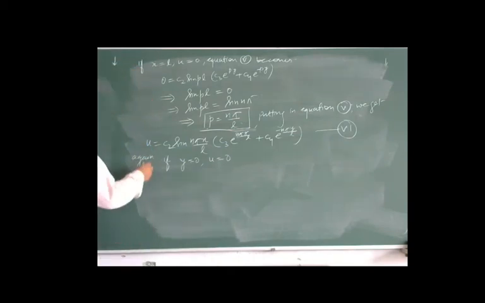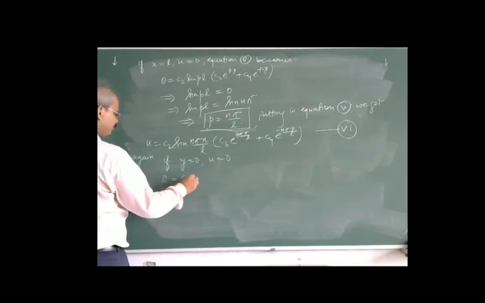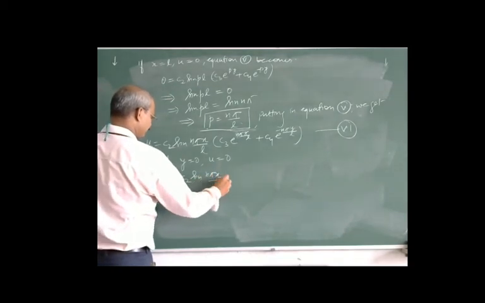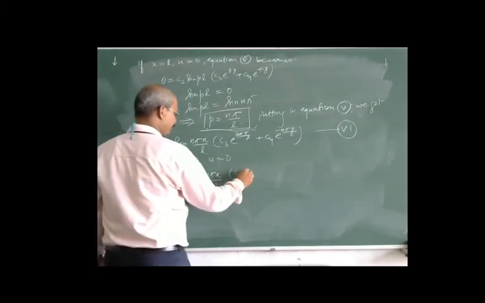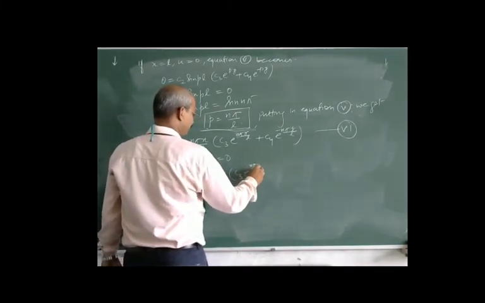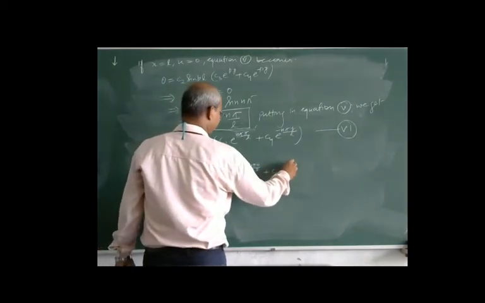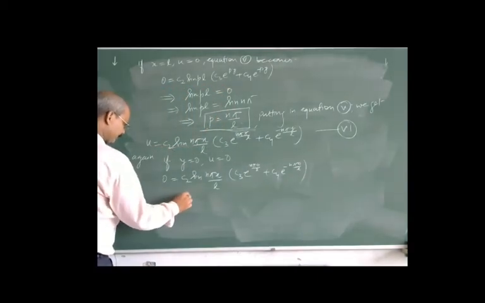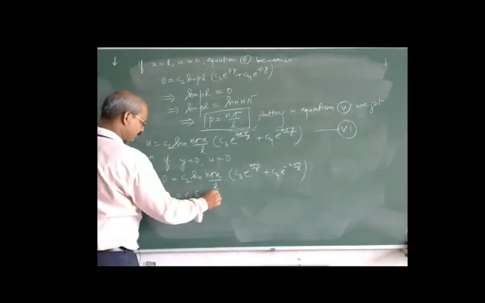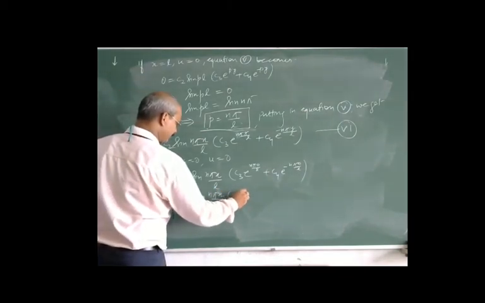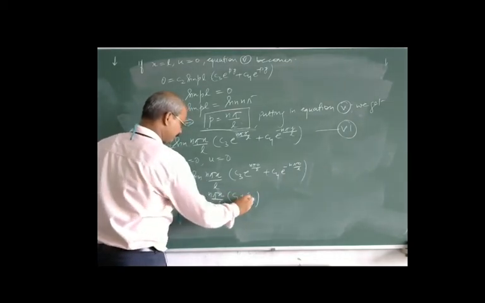So now from here, this becomes 0 equal to C2 sine n pi x by L into C3 e to the power n pi into 0 by L plus C4 e to the power minus n pi 0 by L. So this implies that C2 sine n pi x by L, and this becomes C3 plus C4, because e to the power 0 becomes 1.